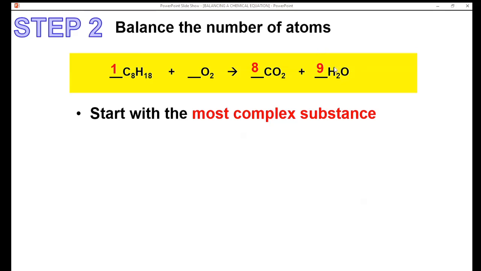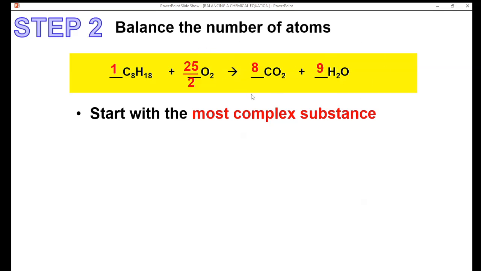The only component left now is oxygen. If we total up the number of oxygen atoms on the right side, there are 8 times 2, which is 16, plus 9. 16 plus 9 is how many? Yes, 25. 25 moles of oxygen atoms on the right side.